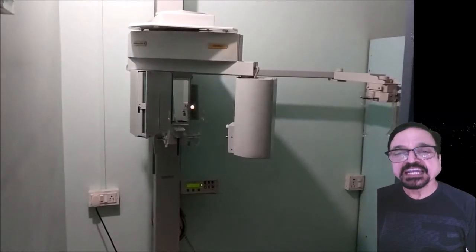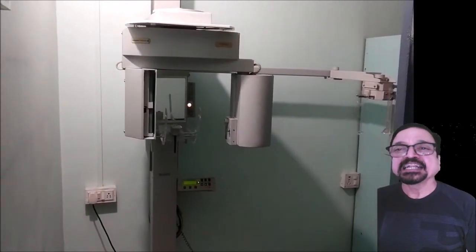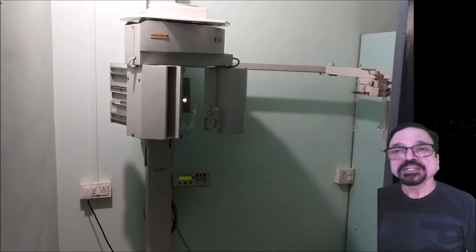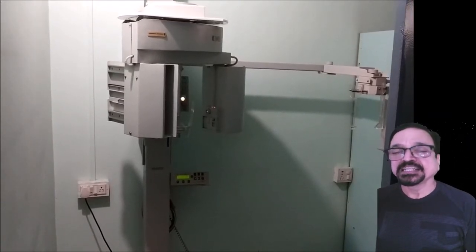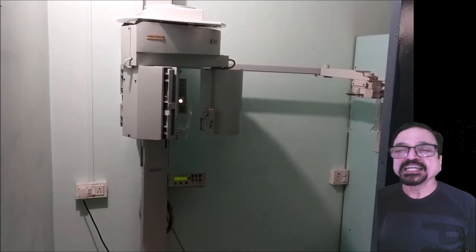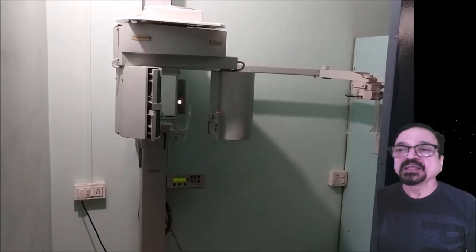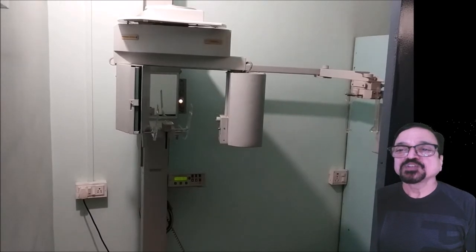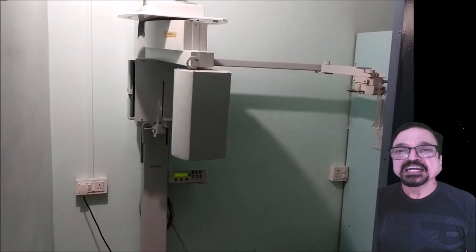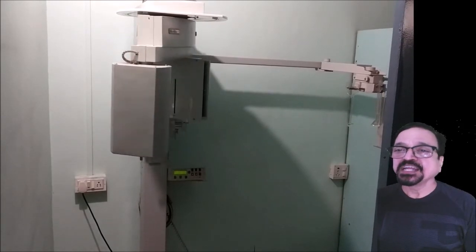In the first rotation it will take one view, and in the next rotation it will take another view of both TM joints. So all four, that is two sides, open and closed mouth views, will be projected on the same film, and we get dynamic projections. Though the radiograph is taken twice, the radiation is not given twice, it is only given once.